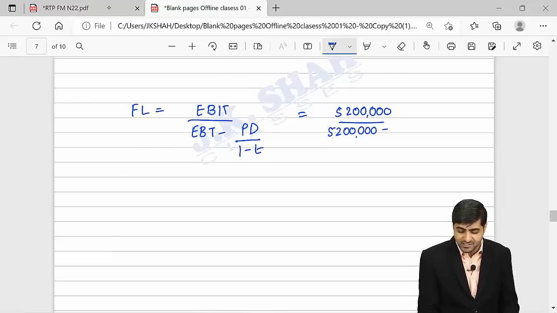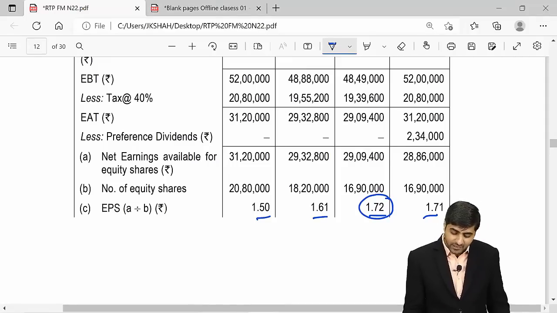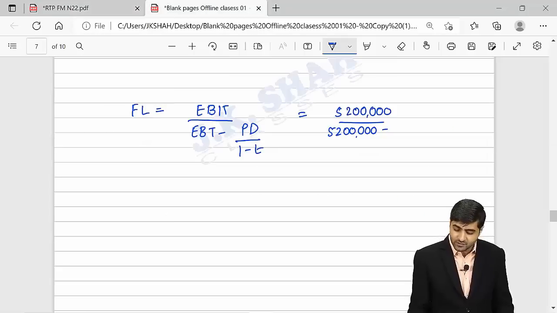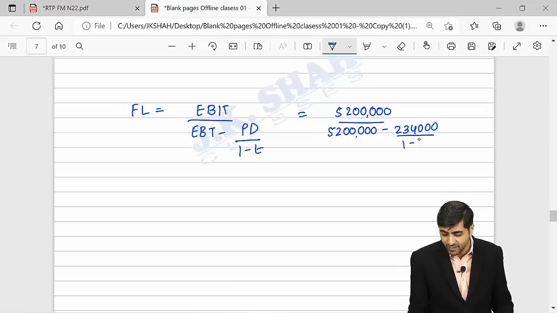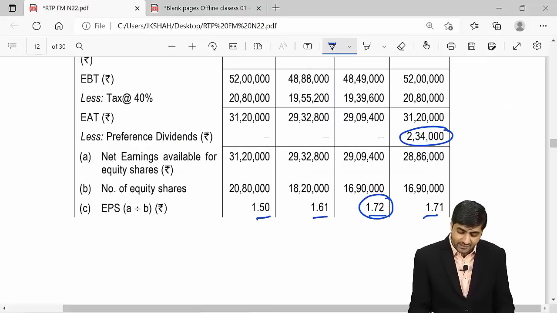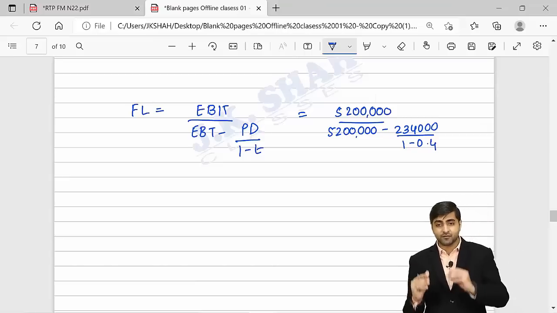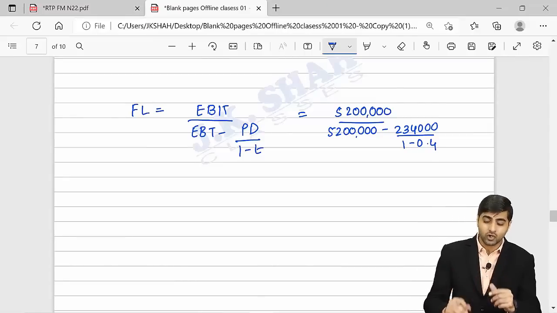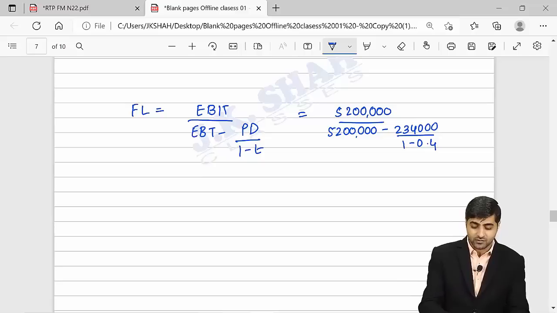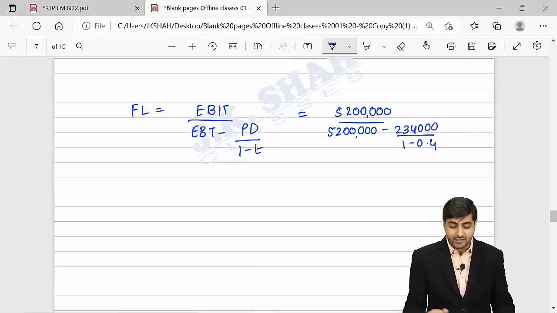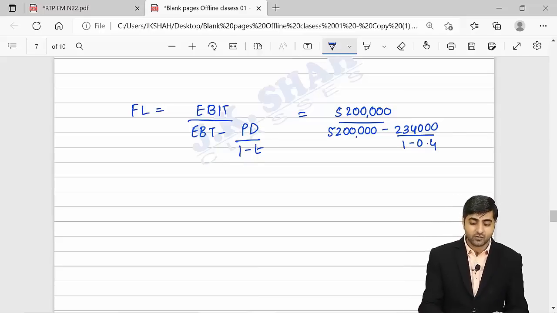And guys, your preference dividend here is nothing but 2,34,000. So this 2,34,000 we have to divide by 1 minus your tax rate, which is 40%. So we have to convert that preference dividend from post-tax to pre-tax. So that will be 2,34,000, which you are now going to divide by 0.6. So that will be 3,90,000, which I am going to subtract from 52 lakhs.